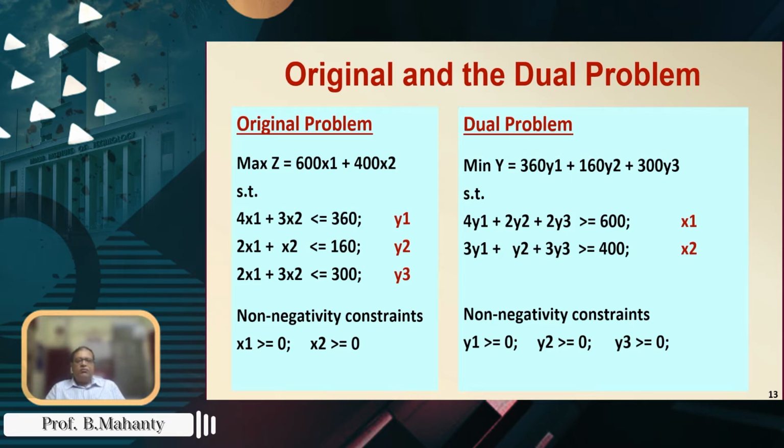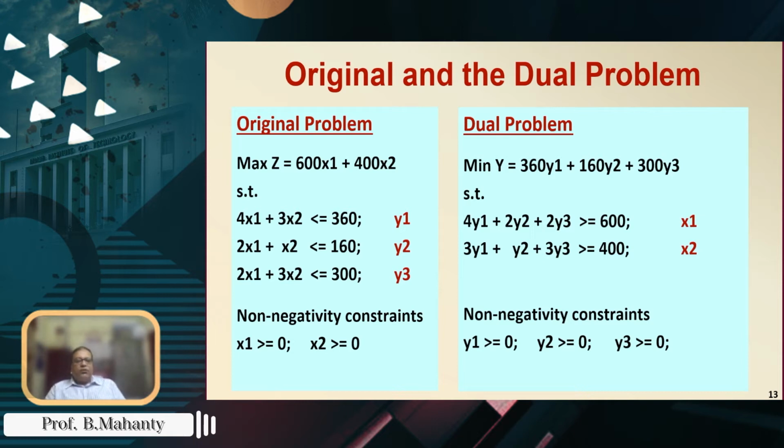In the dual problem, we have a minimization. In the original problem, we have three constraints. All the constraints are less than equal to. In the dual problem, two constraints and all the constraints are greater than equal to. In the original problem, we have two non-negativity constraints, and in the dual problem, we have three non-negativity constraints.